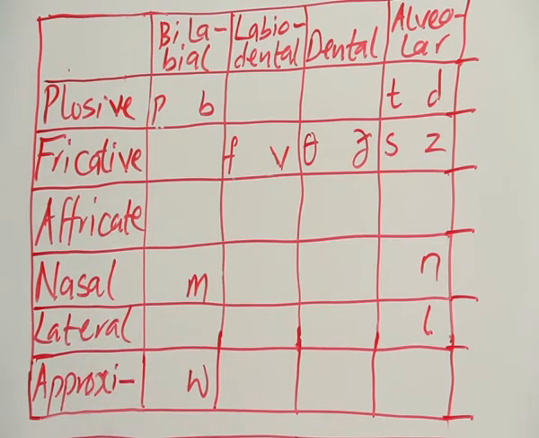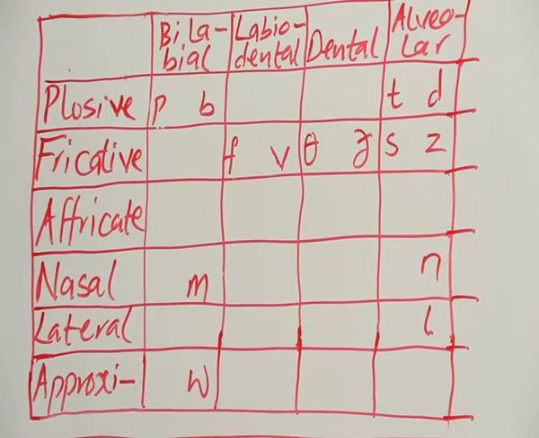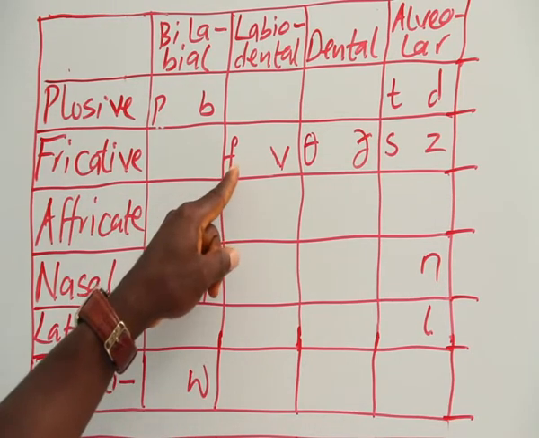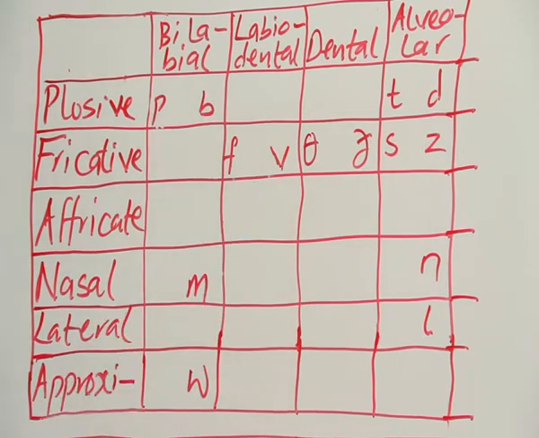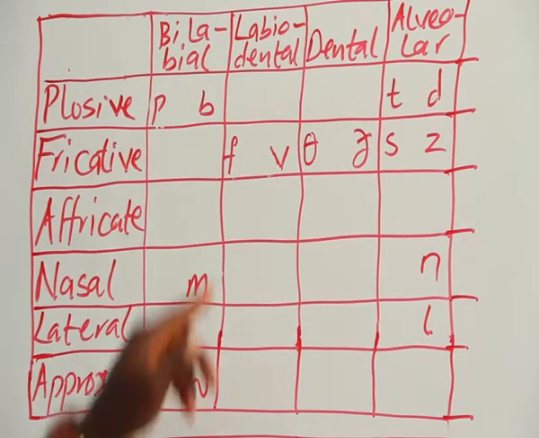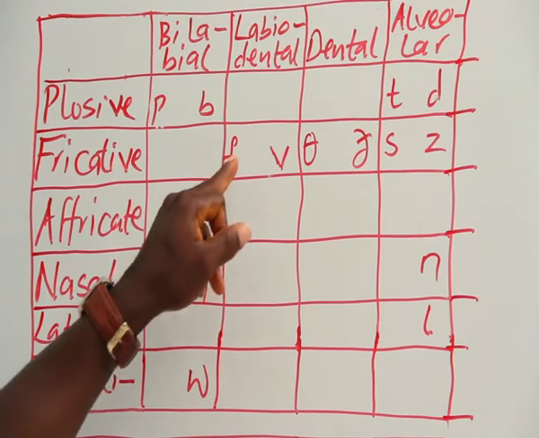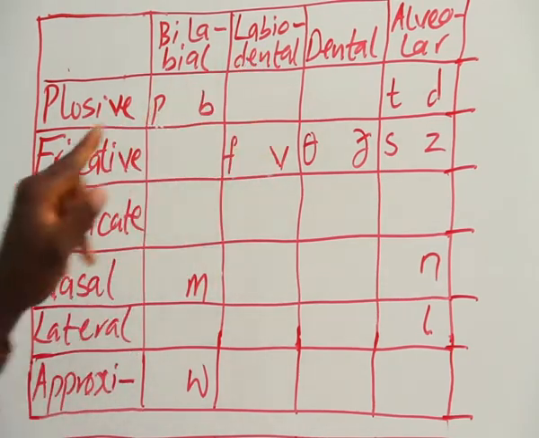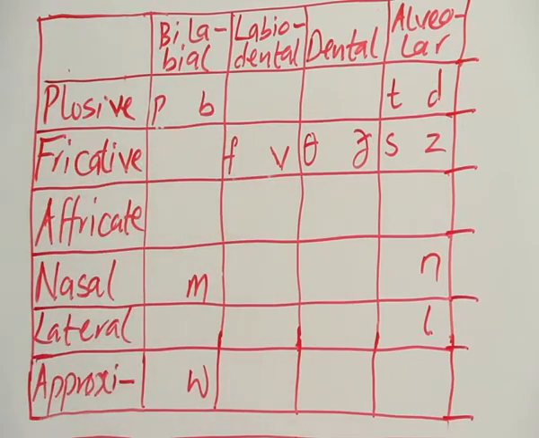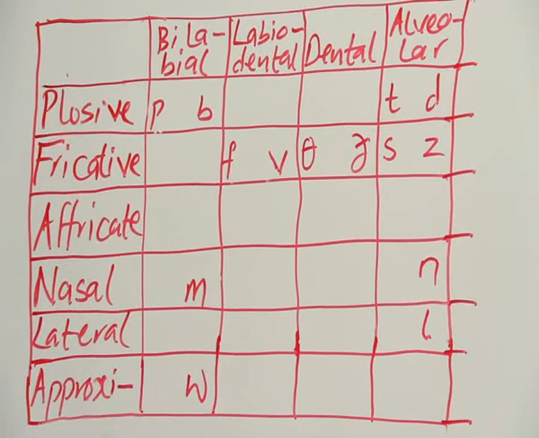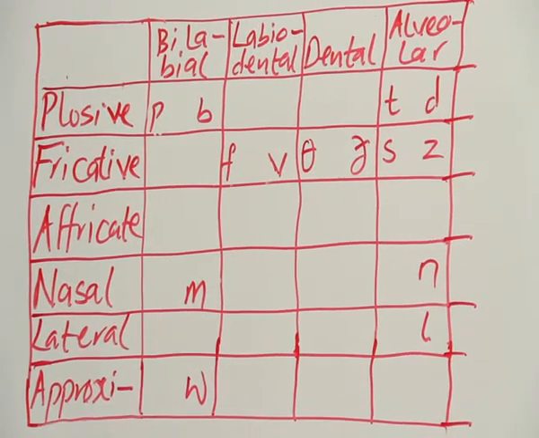The only difference is whether the vocal cords are vibrated or not. For this one, which is voiceless, the vocal cords are not vibrated, but for the voiced one the vocal cords are vibrated. So we have this as voiceless labiodental fricative, and then this is voiced labiodental fricative. So that is how we'll label consonants.